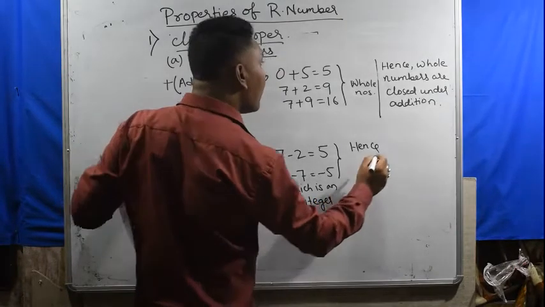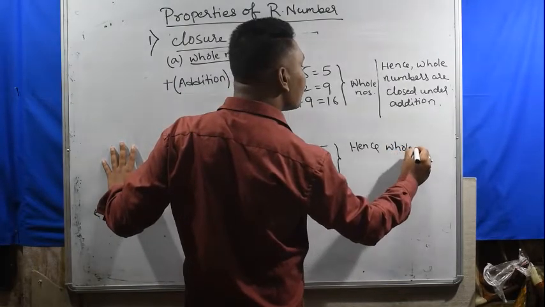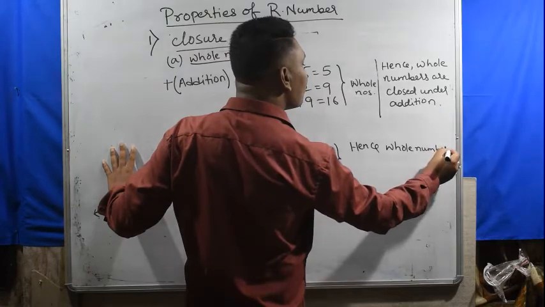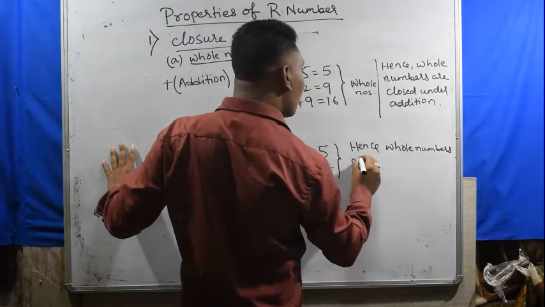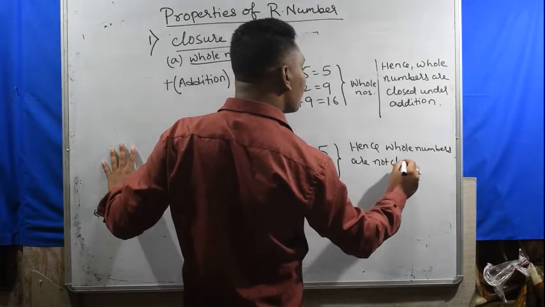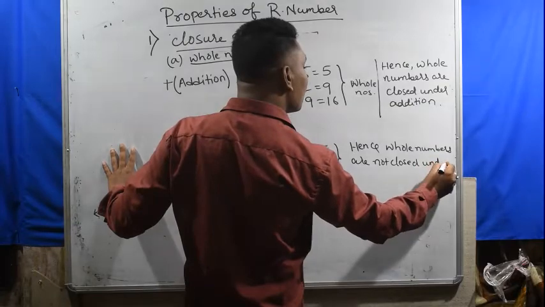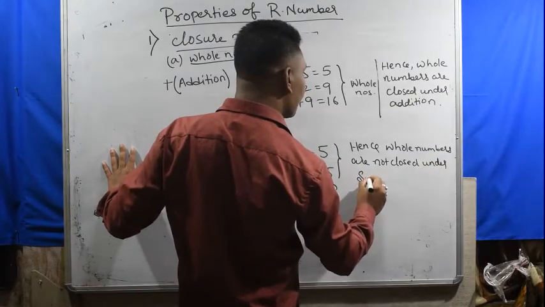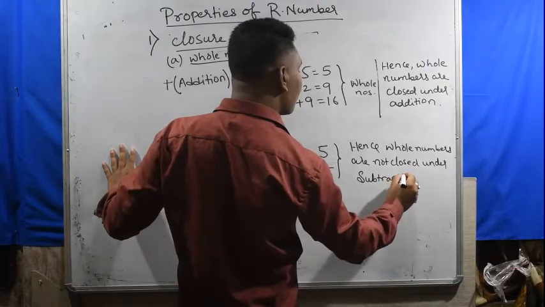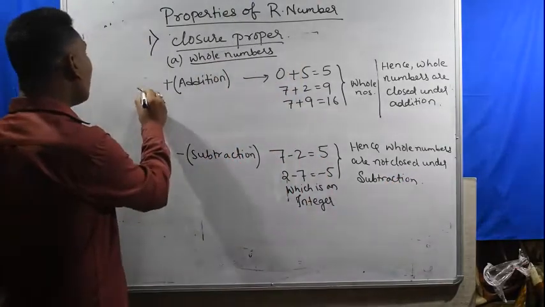Hence whole numbers are not closed under subtraction. Okay, these two properties we have got.